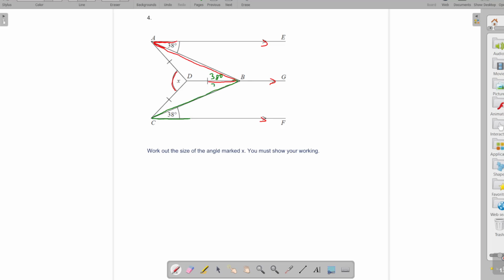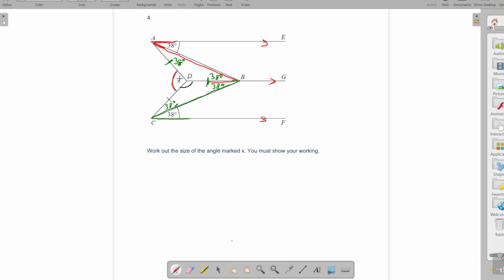Therefore we could mark this as 38. This is parallel, so we could mark this as 38. This is equal to this, isosceles triangle. So this is 38. So now we can find this angle. If this is 38 and this is 38, we can find this angle: 180 take away 38 plus 38.